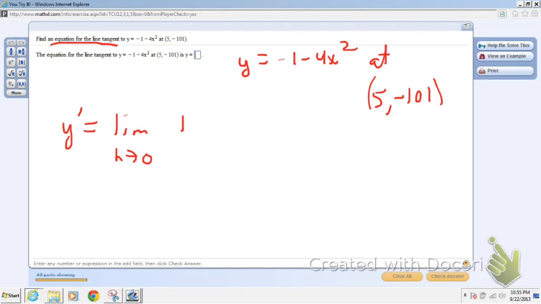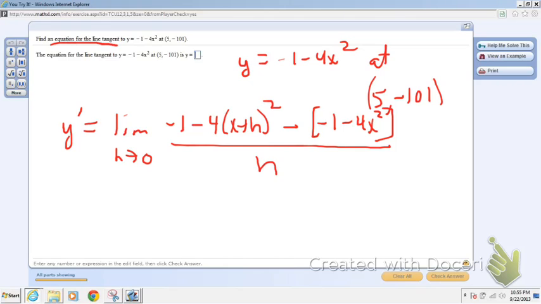Notice that I'm just taking -1 minus 4 times (x plus h) squared, so there's f of x plus h, minus the original function, all over h.